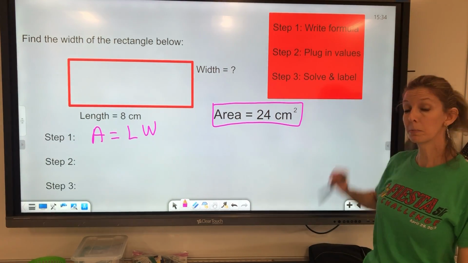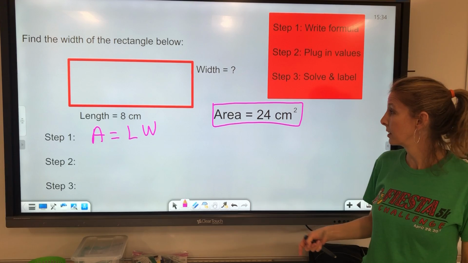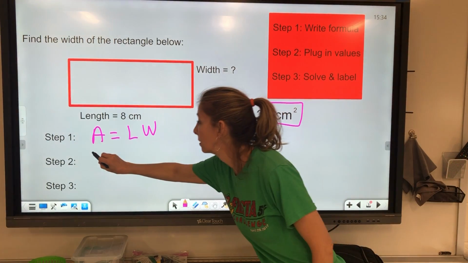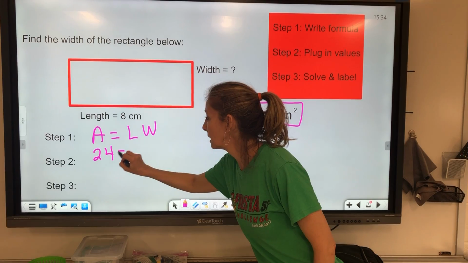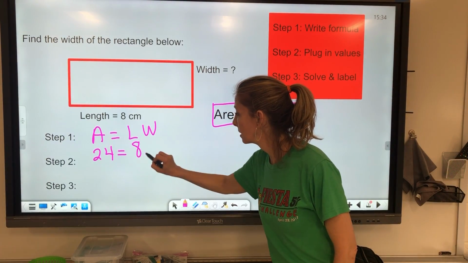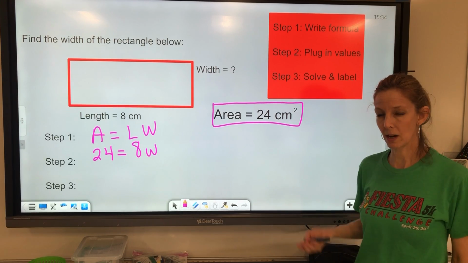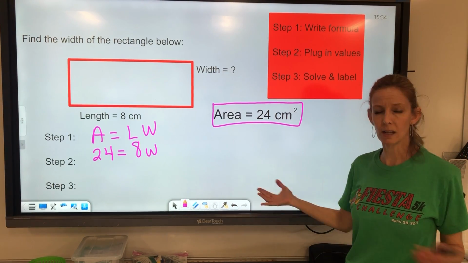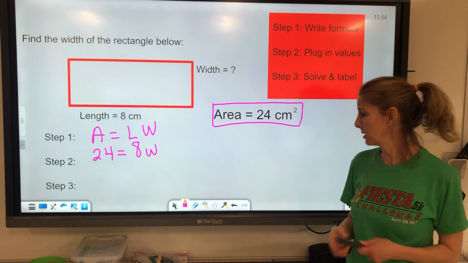All right? Step 2 tells us to plug in any values that we have. Well, in this case, we know the area is 24, equals, we know our length is 8. It's our W that we don't know, the width. Hopefully when you're looking at this, you realize, oh, this is just a one-step equation.